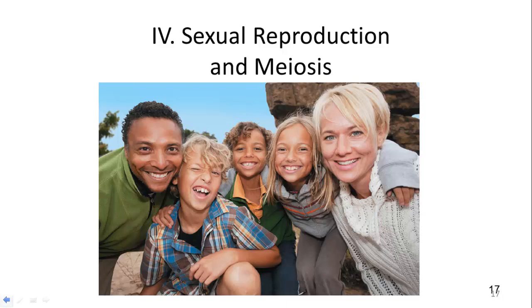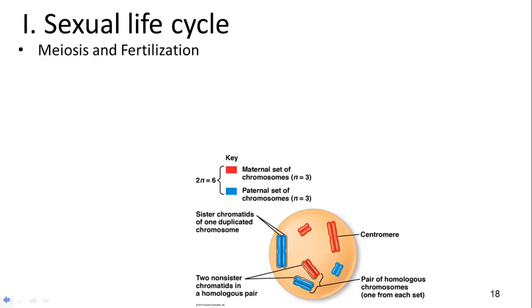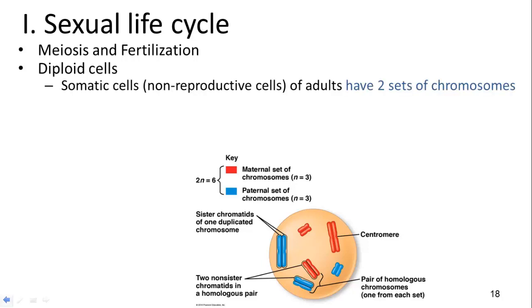Meiosis is very similar. We're going to talk a little bit about the sexual life cycle, and then relate that to meiosis. So the sexual life cycle, the endpoints of each are meiosis and fertilization. In most organisms, you have a diploid cell, which are the somatic cells.